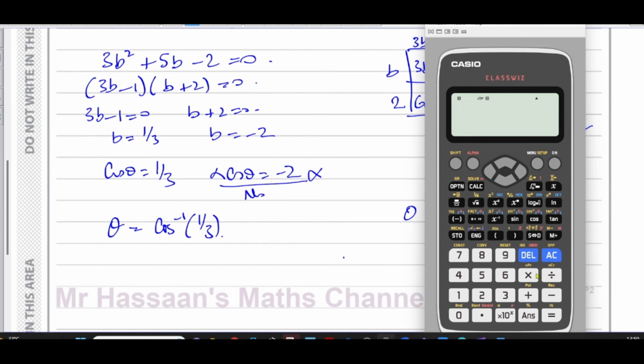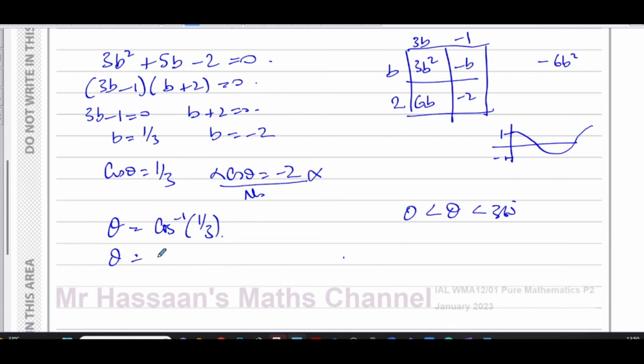So inverse cosine of 1/3 will give us our first solution, which is 70.5287. So theta equals 70.528. Let's leave it like that for now. Now that's your first solution.